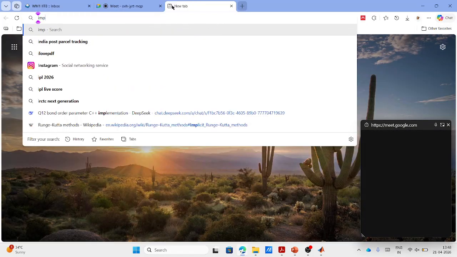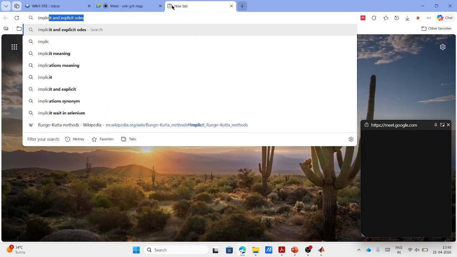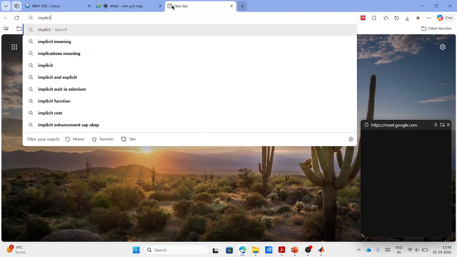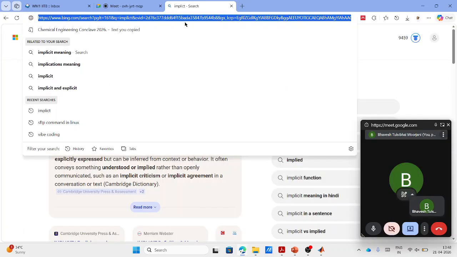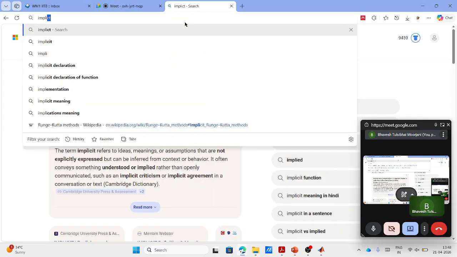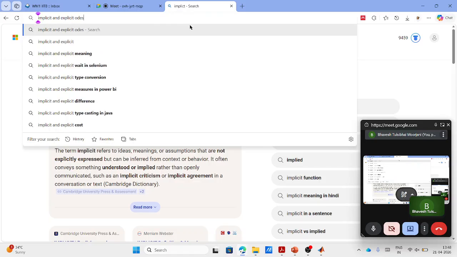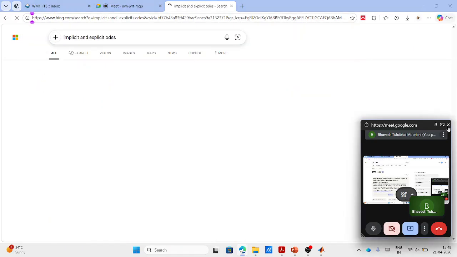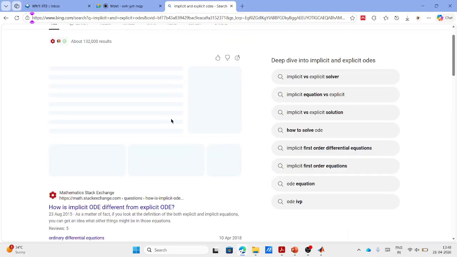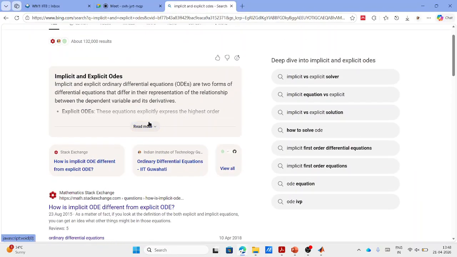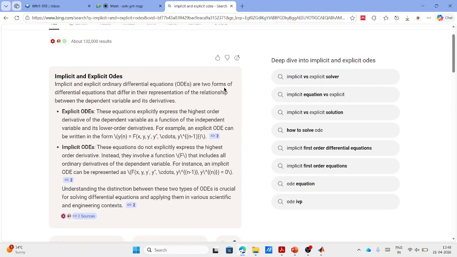So if I look at the explicit, sorry, mm, not this way.